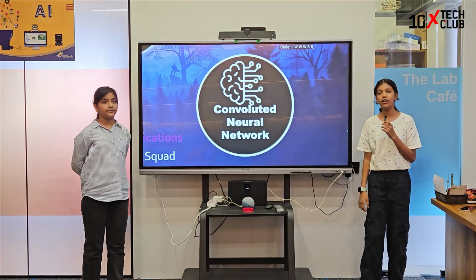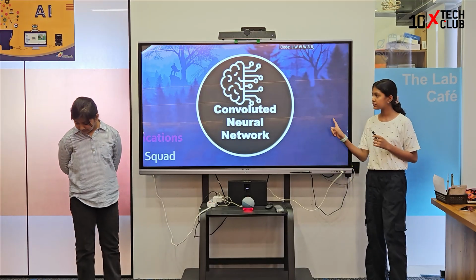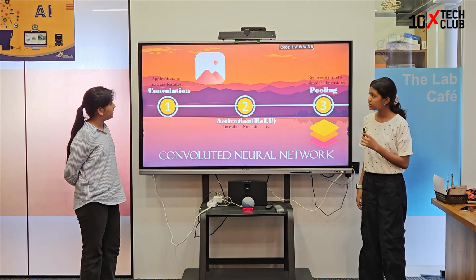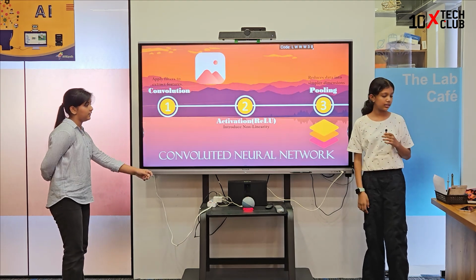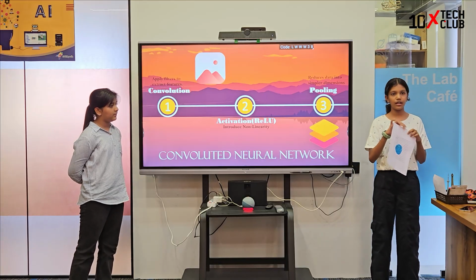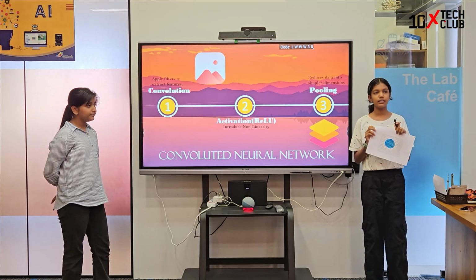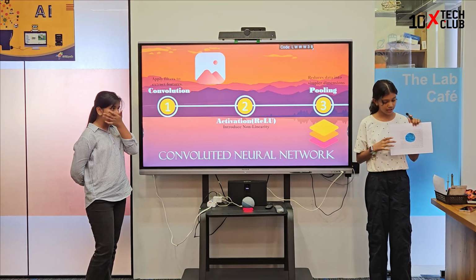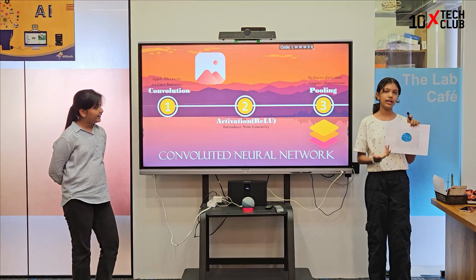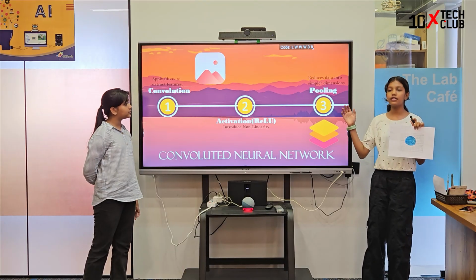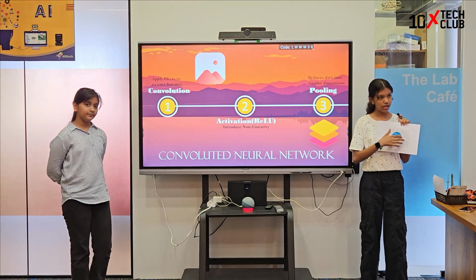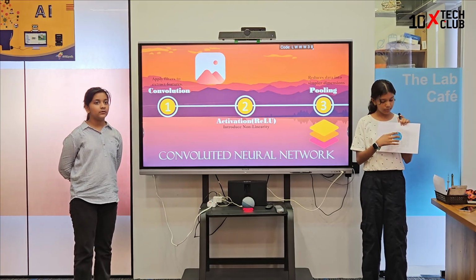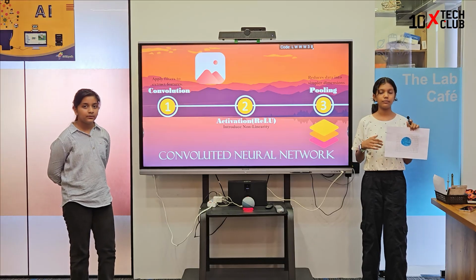Okay, so now I'm going to be talking about CNN. As you can see, I have this diagram. This is basically an image. This is a ball, and you can imagine this is green, like grass. In the first part, it uses edge detection to extract the ball from the background.